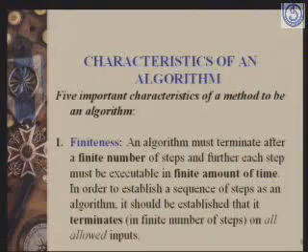This is very important for us to understand: there are at least 5 essential properties which must be satisfied by a method in order that it is called an algorithm. So friends, the first requirement for a method to be an algorithm is finiteness.